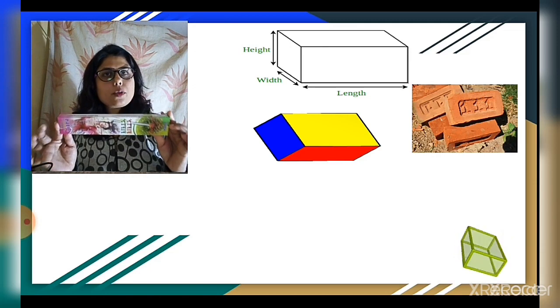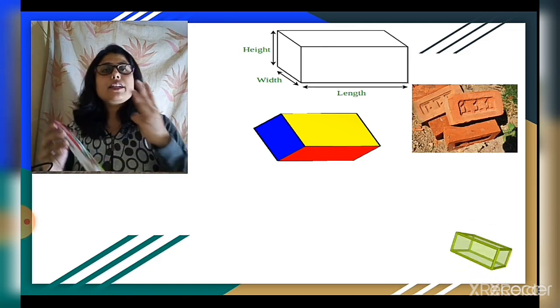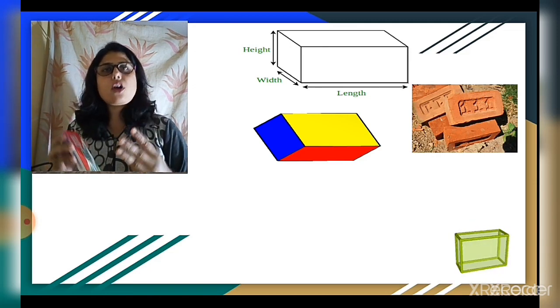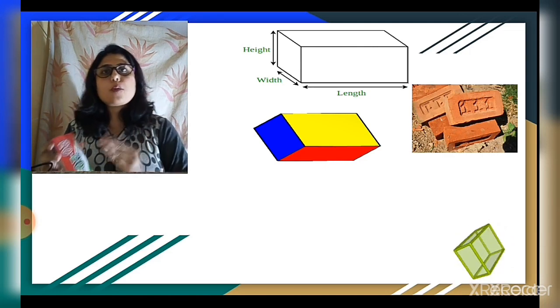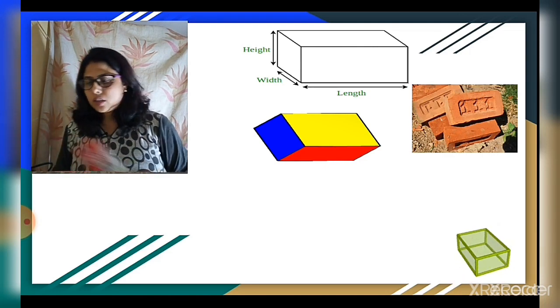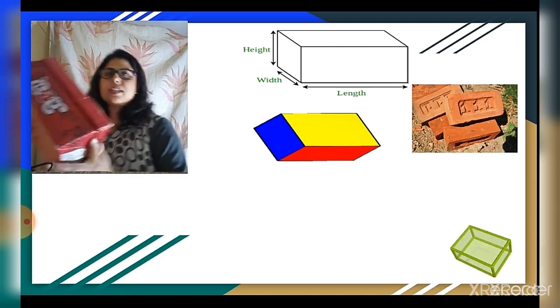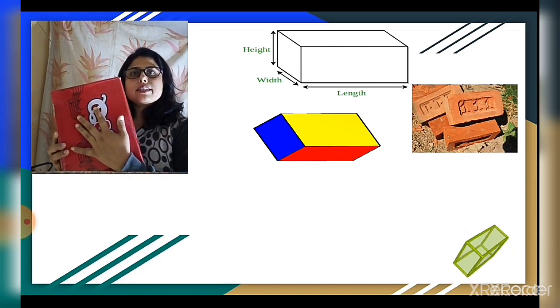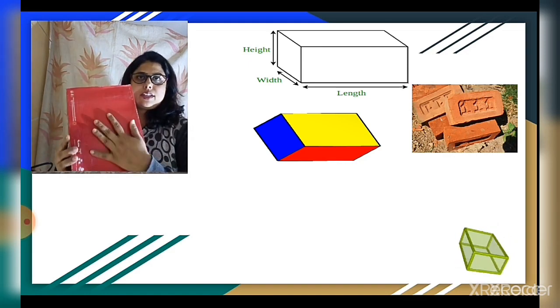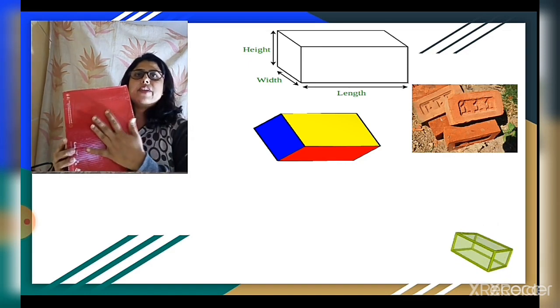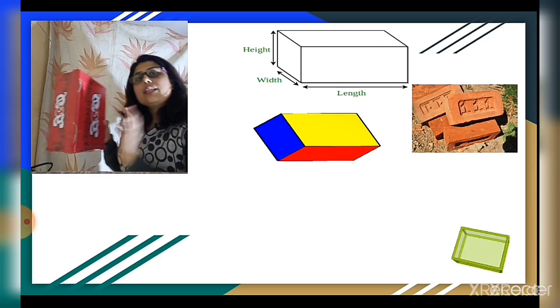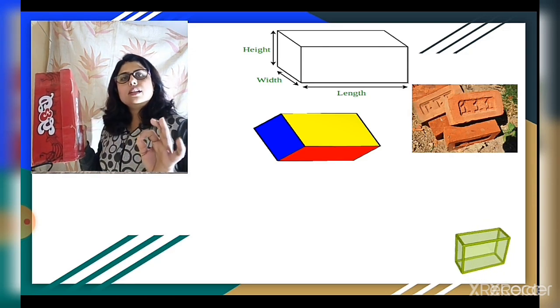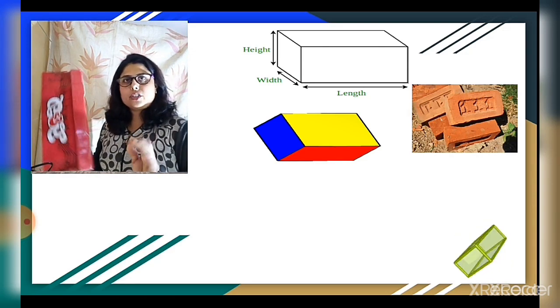In a cuboid, we find three equal pairs of rectangles which are opposite to each other. So how are they opposite to each other? See, this face is a rectangle shape of the cuboid and its opposite is this one. So this face and this face are equal in dimension, equal rectangle shape.